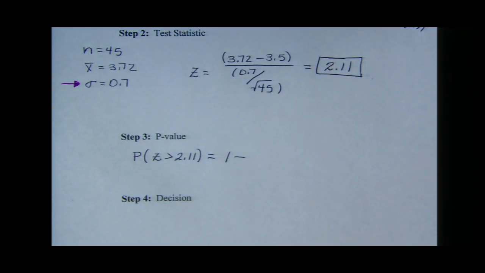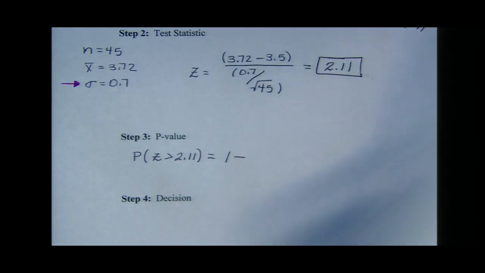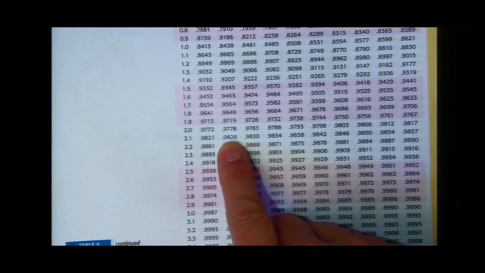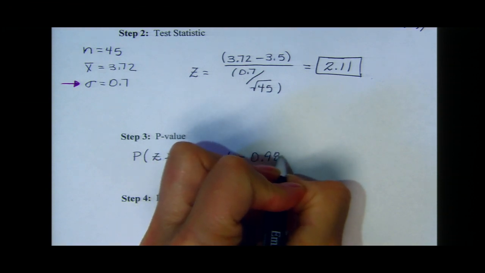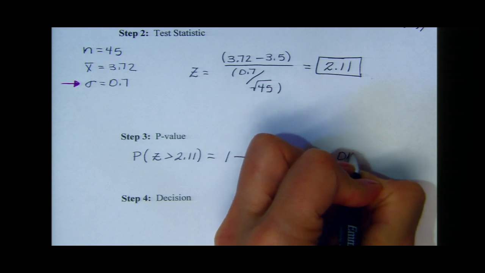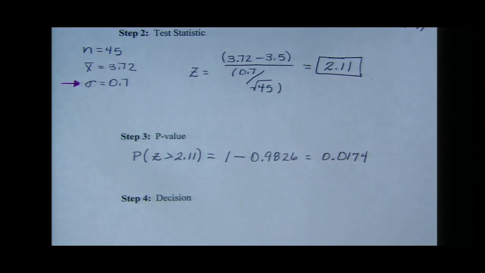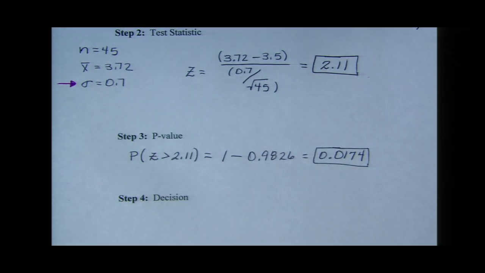So now I'm going to go to the table and find, whoops, that's the negative one. 2.11 is 0.9826. Which is 0.0174. So this is your p-value.